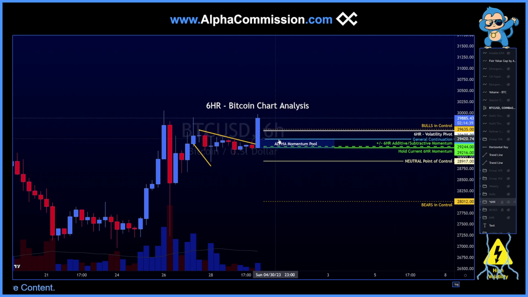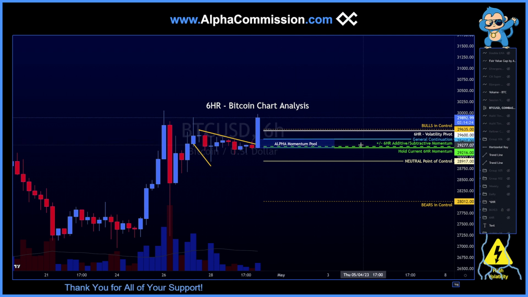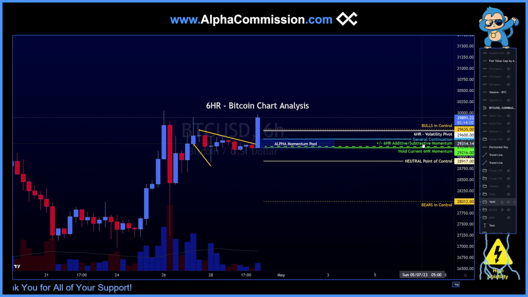We'll probably have a general continuation to the upside as long as we're above 29,410. So let's say that we wick below the volatility pivot. We might get a second chance as long as we hold this level, as that's also going to be the top of our momentum pool. I tend to use the continuation line when the add and subtract momentum and the hold momentum lines are essentially on top of each other.